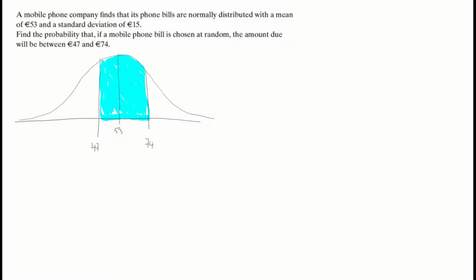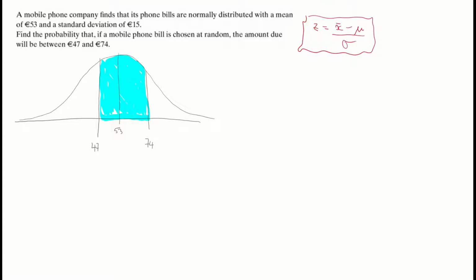Now the formula for a z-score is z is equal to x bar, which is our sample phone bill, minus the mean, which is mu, divided by the standard deviation. And we basically just need to do that for €47 and €74. So let's go through it.